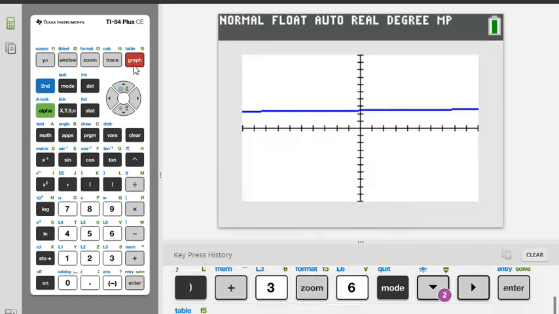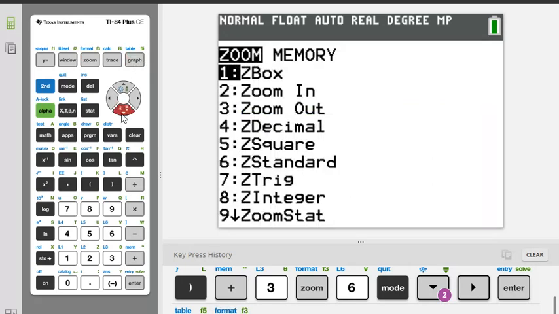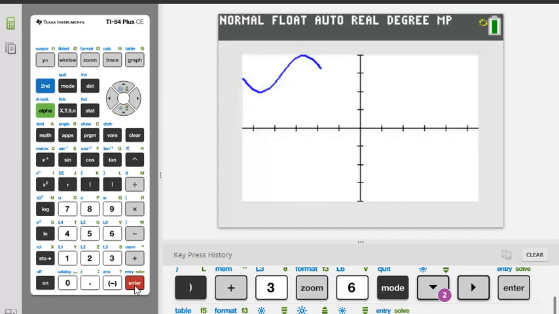Now if I graph it, I get a straight line. So I change my mode to degrees, and then I'm going to do zoom 7.